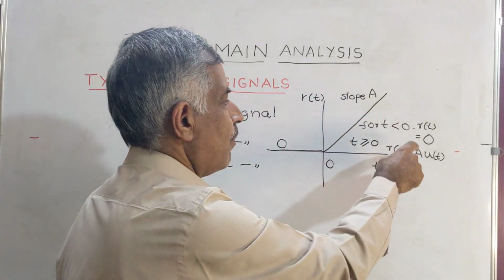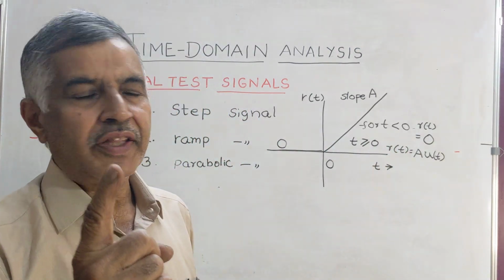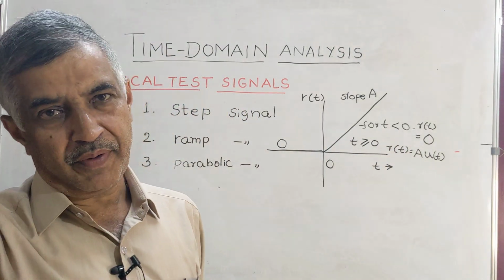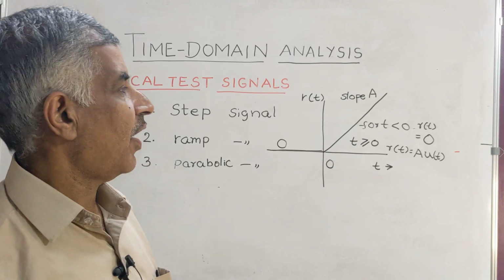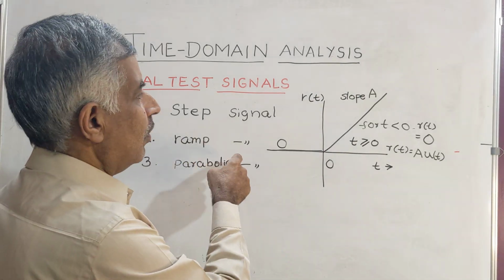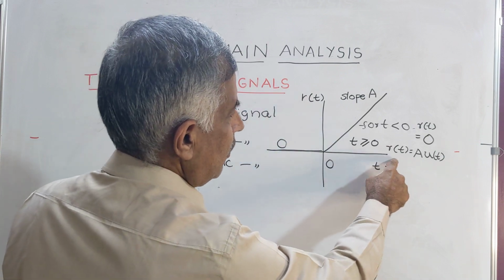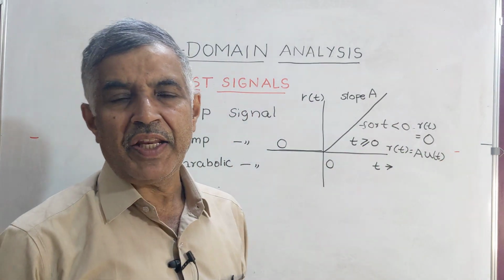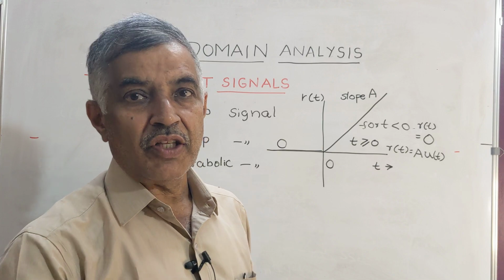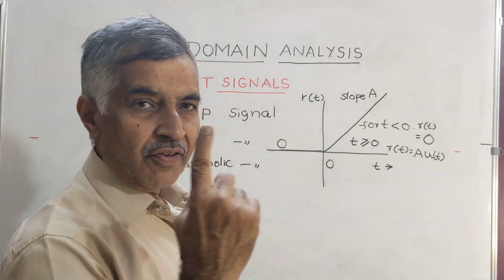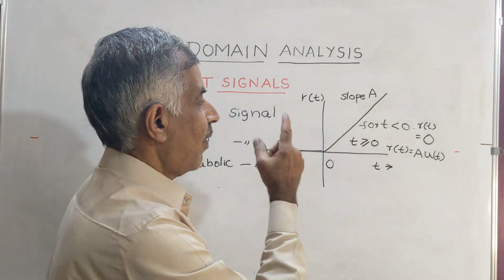Now, if A has a value of unity, then it is called a unit ramp. Otherwise, it is a non-unit ramp. So a ramp signal is given by R(t) equal to A u(t), where A is the slope value. If it is 1, it is called a unit ramp.